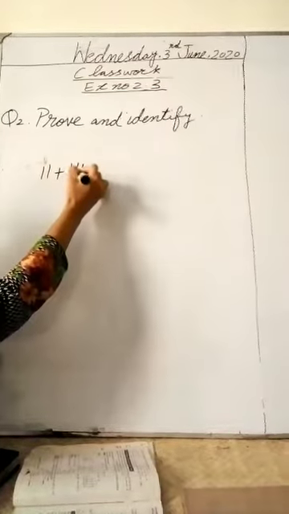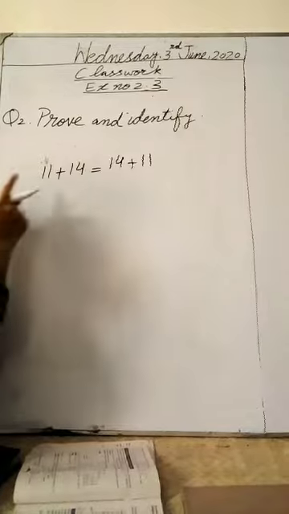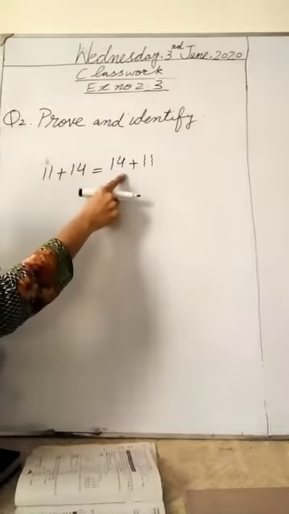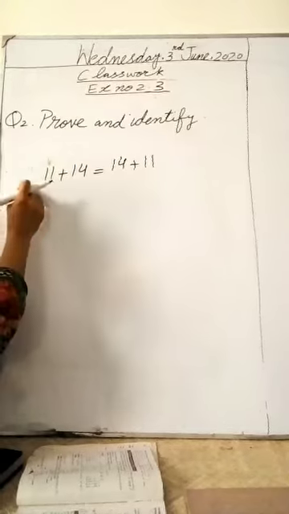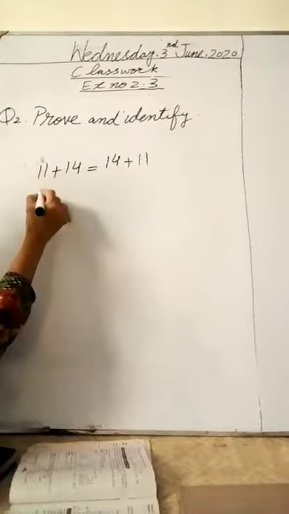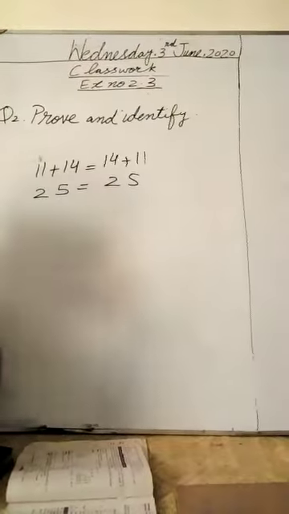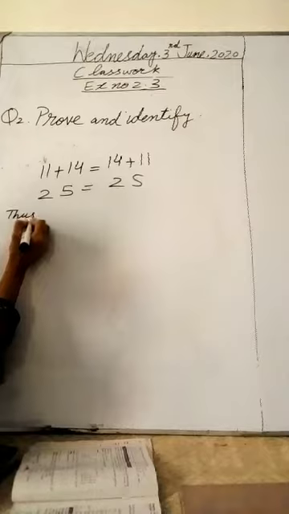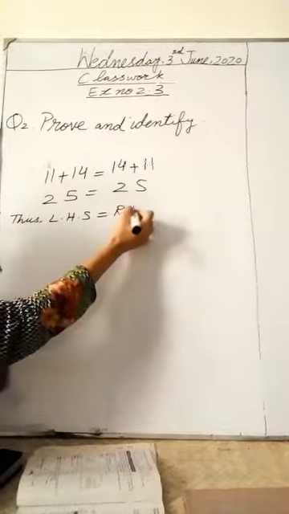11 plus 14 equals 14 plus 11. This is your left hand side, this is your right hand side. You can solve at the same time, you can solve separately. 11 plus 14, it will be 25 and 25. Now it is proved. Thus, left hand side is equal to right hand side.